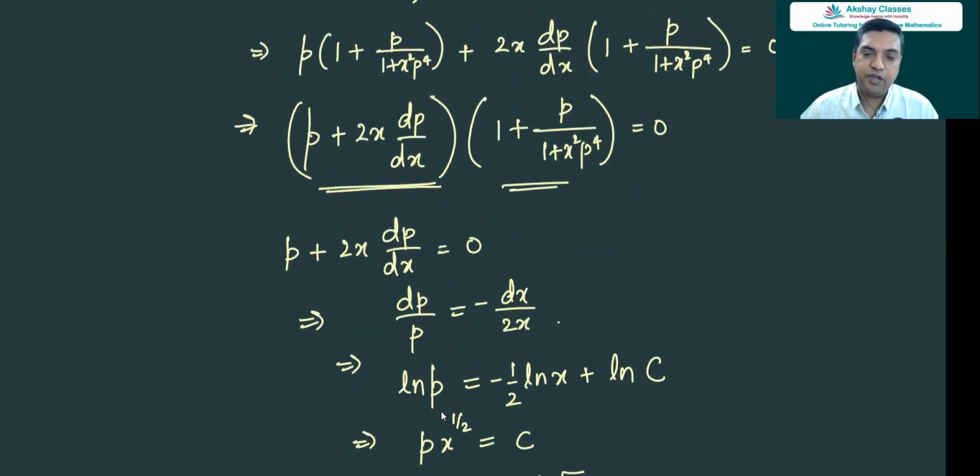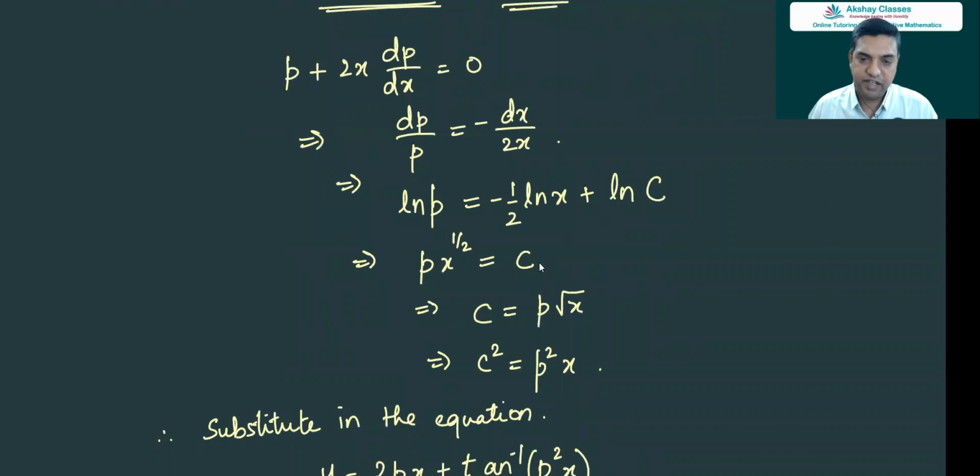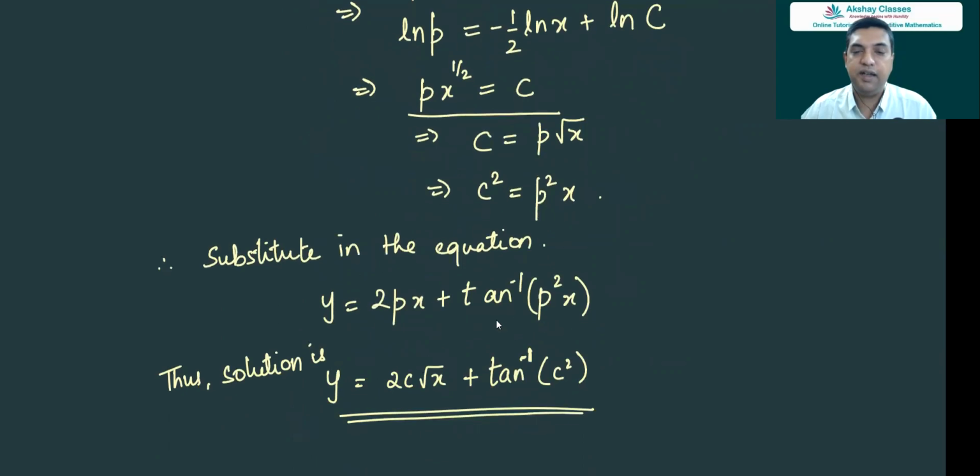That differential equation we solved and we got a relationship between px and the integrating constant. So now this we can substitute in the original equation to eliminate p completely. By that, we get the solution of the differential equation.